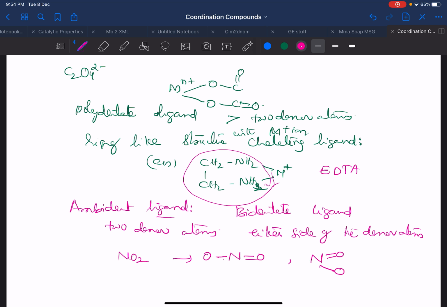This nitro ligand will attach with the metal atom either with the nitrogen atom or with the oxygen atom.